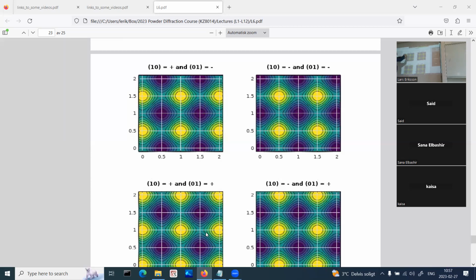So the wave is either here or here, then it's shifted half along the diagonal. If this is the origin, then here is the density wave, and then it's like that.